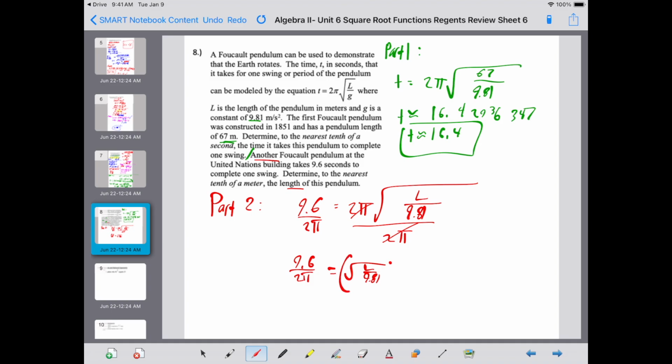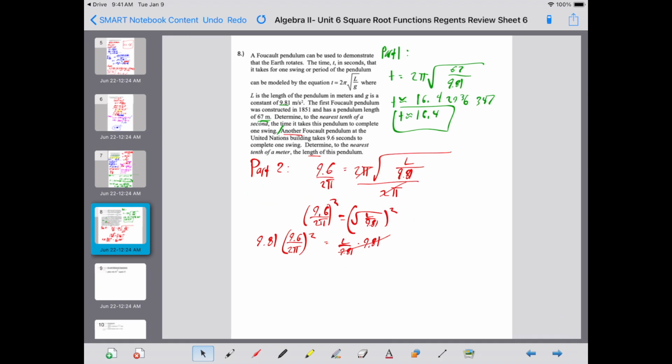Square both sides. So now we have 9.6, gotta write this neater, 9.6 over 2 pi squared equals L over 9.81. Just multiply by 9.81 on both sides, and you have what your L is.